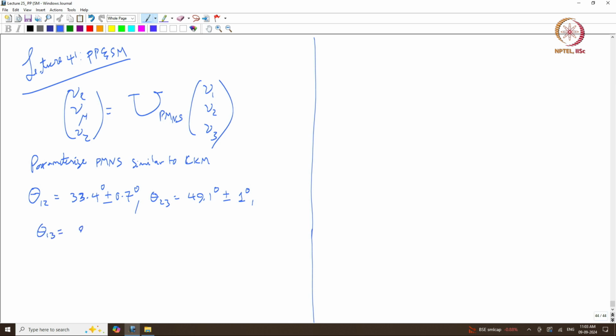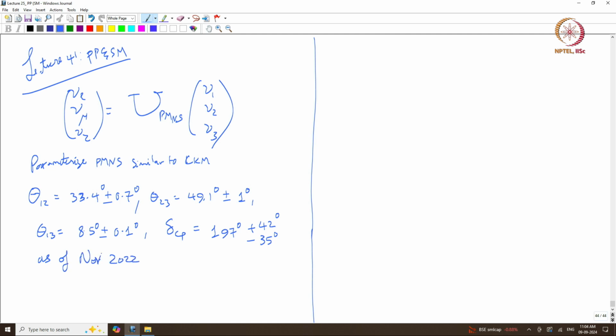Theta 13 is 8.5 degrees plus or minus 0.1 degrees, and the CP violation phase, this is the funny bit. Look at the error bar here, it is 42 degrees on one side and 35 degrees on the other side for a central value of 197 degrees. Okay. So, these are as of November 2022.